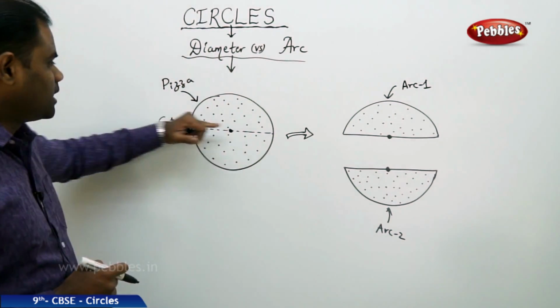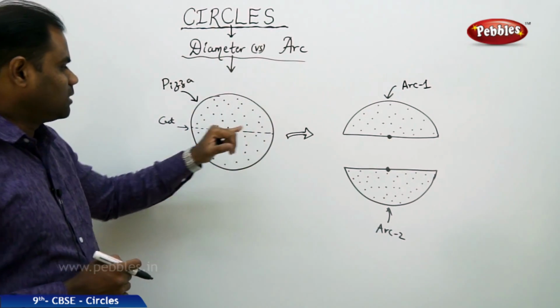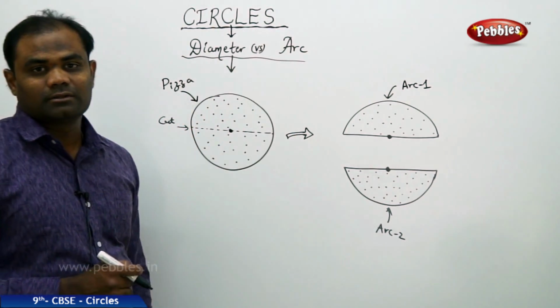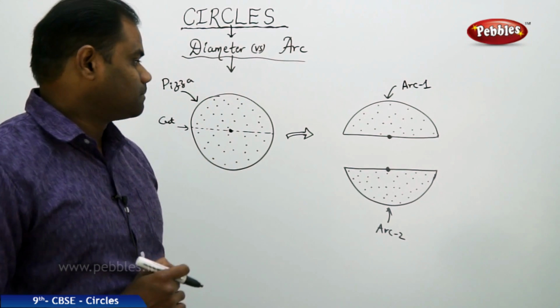That is, when I take the diameter, this arc length must be equal to this arc length, is how we conclude.